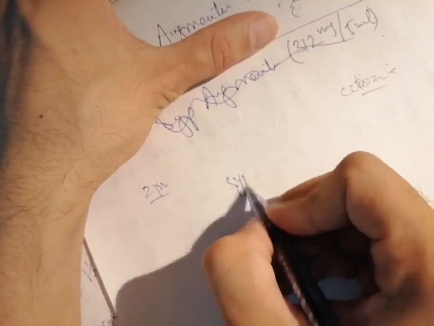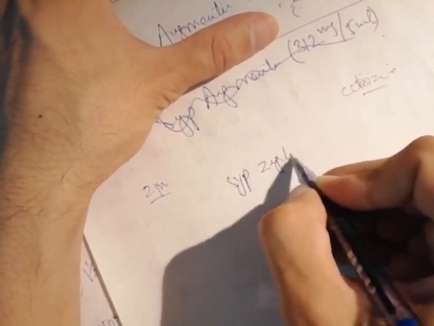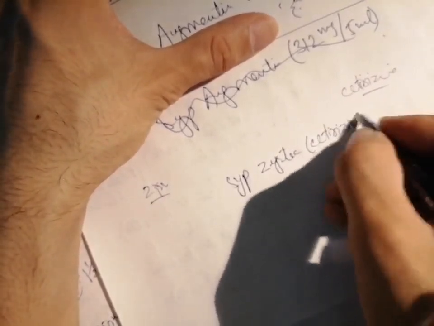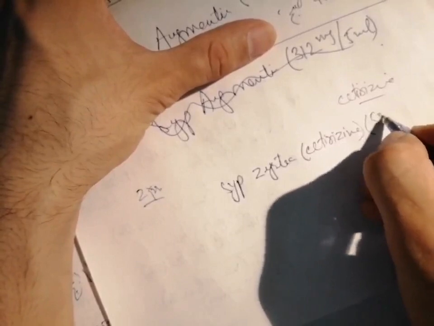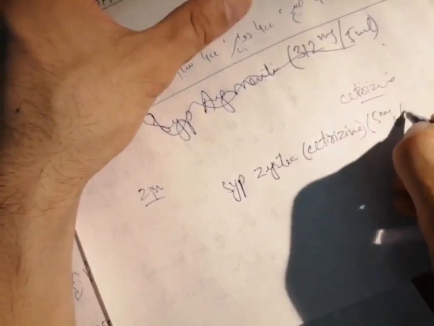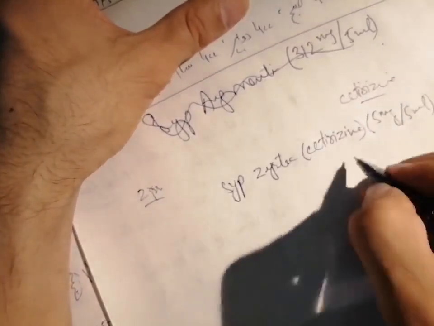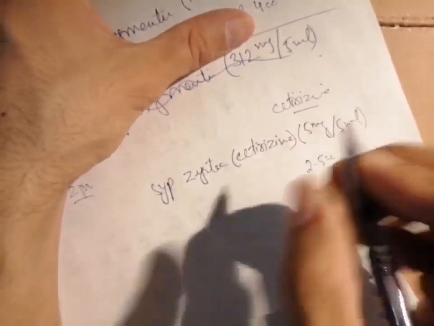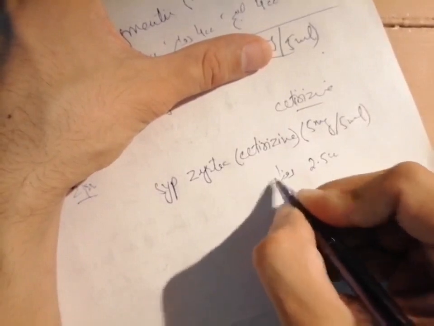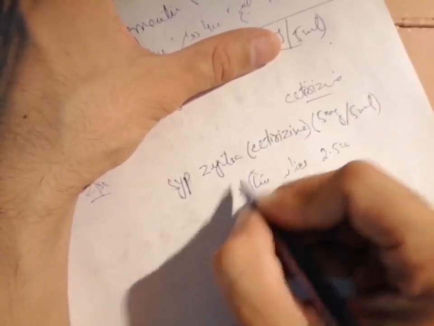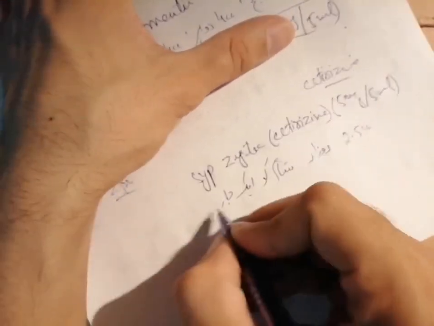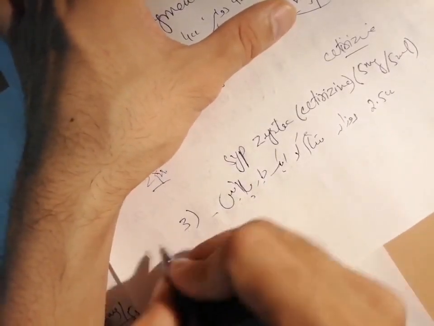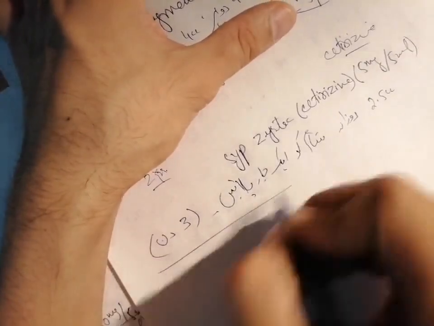I should write here syrup Zyrtec, which has cetirizine. I must write what strength it is, which is 5 milligram per 5 ml. So I would advise here 2.5 cc रोजाना शाम को एक बार पिलाएं for only, let's say, 3 days. Right? I hope you have the idea.